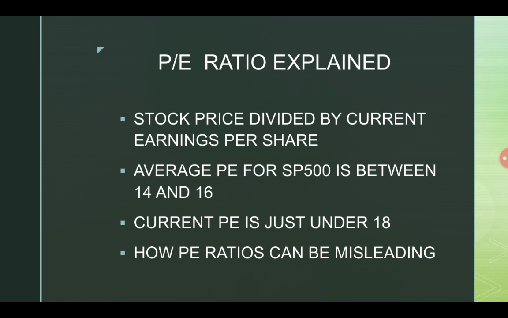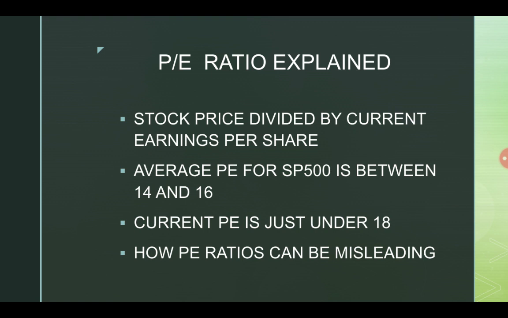Now I'm going to explain how PE ratios can be misleading. One of the trends over the past few years was stock buybacks. Stock buybacks reduce the amount of outstanding stock and increase the earnings per share. So when the earnings per share is increased, then that multiple seems lower.